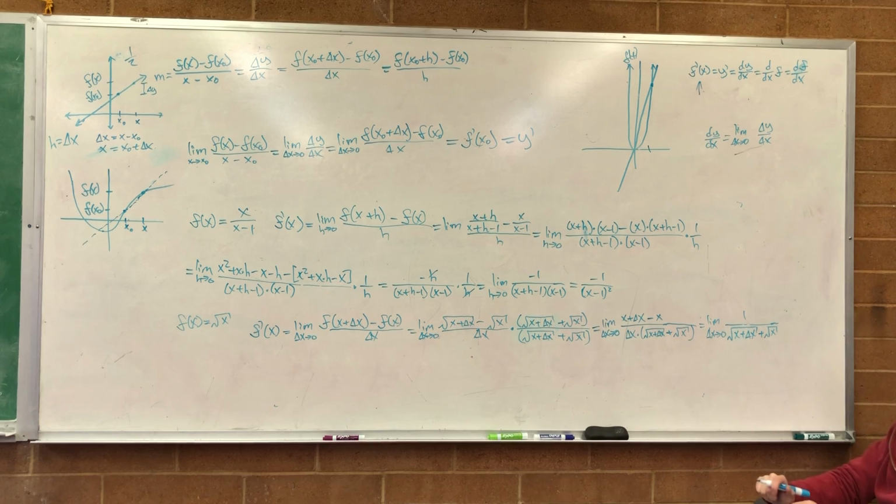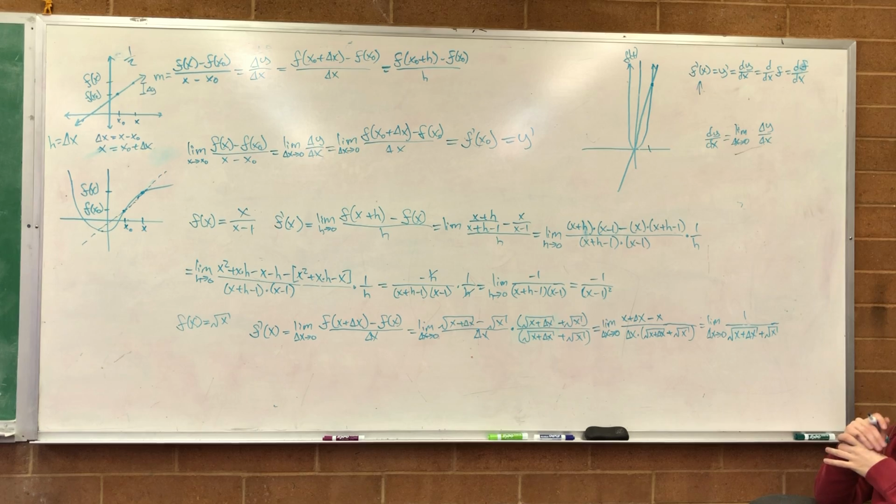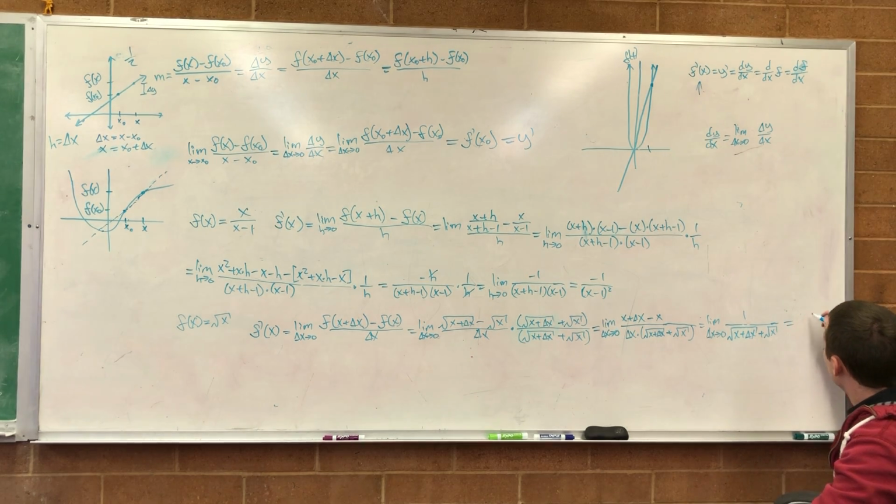Okay, what is the limit of that as delta x approaches 0? Take the limit. The root of x plus the root of x. So it's equal to 1 over 2 square roots of x.